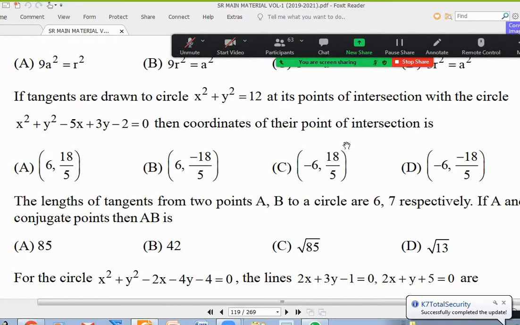Still, anybody any doubts in mains material up to 80? Okay, no doubt. Up to 80, sir. Which one? 45, sir. 45.